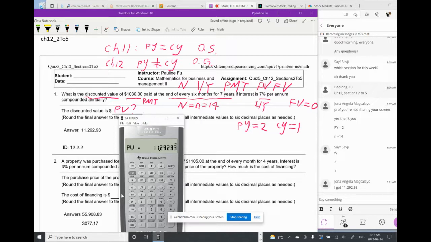Okay, as you can see, this question is exactly similar to the question in chapter 11, except we have PY not equal to CY. But the procedure, the steps in calculating an ordinary general annuity, is the same as for ordinary simple annuities.